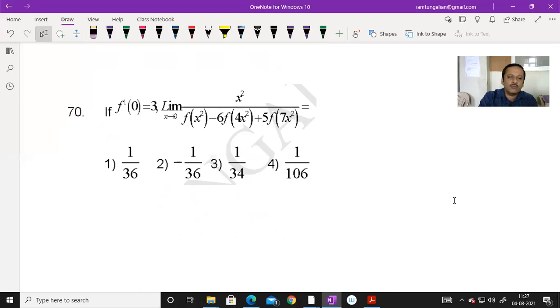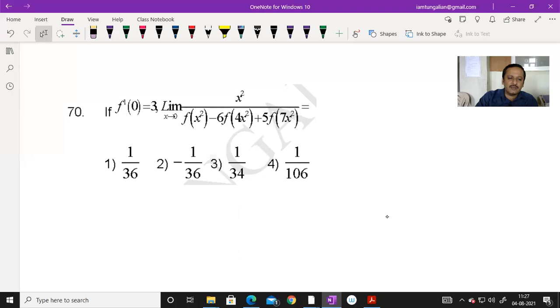Denominator also has 2 into 3 by 5 whole power n, so that 5 power n gets cancelled. Why? When the fraction is less than 1 and the power tends to infinity, then the value of that fraction will go to 0. If the fraction is greater than 1, then that value will tend to infinity. Okay. So as n tends to infinity, 3 by 5 whole power n becomes 0. So the answer is 2.